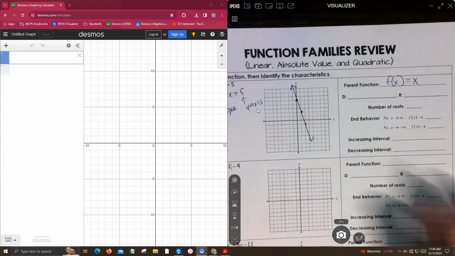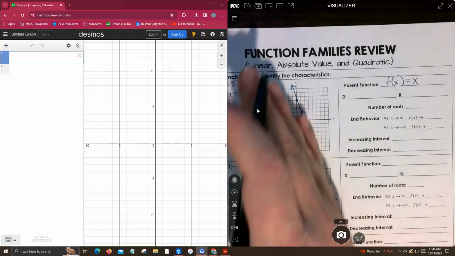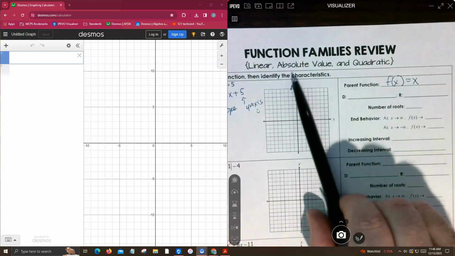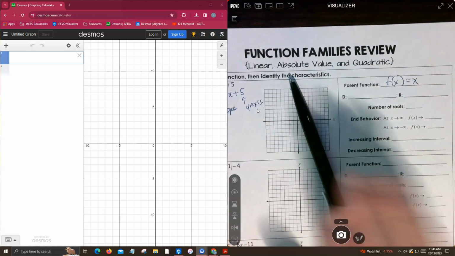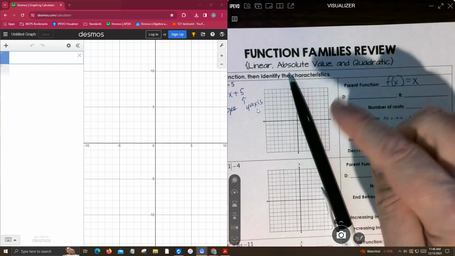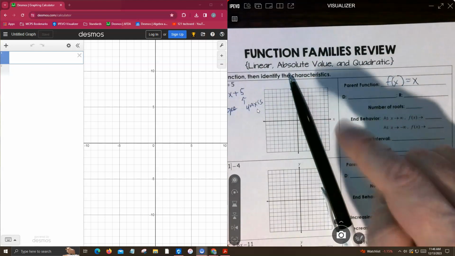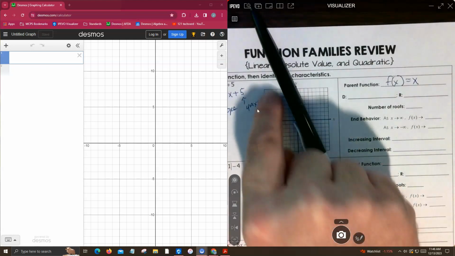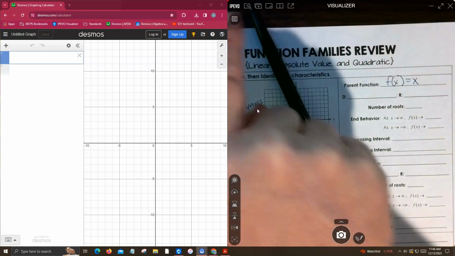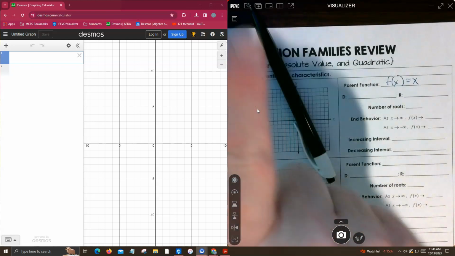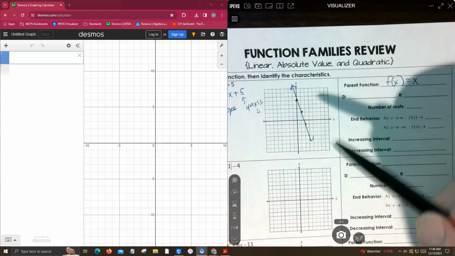Our domain, again, we talked about this before, means all the x's. All the x's are covered because this line goes on and on forever, so x is always going to have a y on the graph. Same thing in the negative direction: any negative x I pick, I'm going to hit a y somewhere on the graph. Remember, if it hits part of the graph, then it's in the domain.